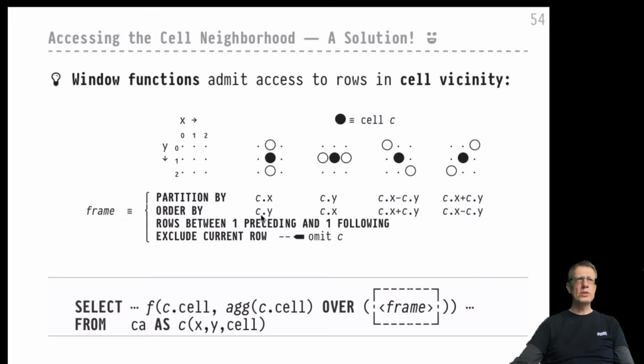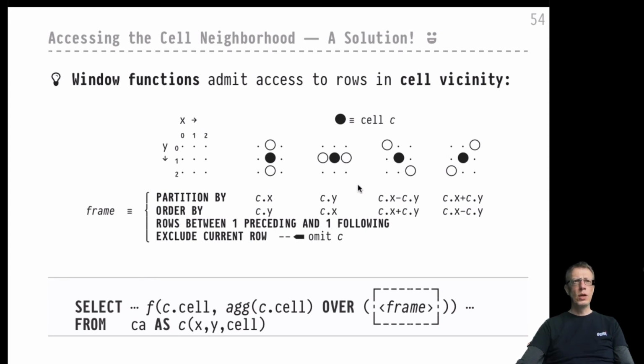We could, of course, define the horizontal neighborhood using the same trick by just using a frame that partitions everything by the y coordinate. That would be horizontal neighborhoods, ordering this stuff by x. Okay, looking at the immediate preceding and following neighbors, and that would define the horizontal neighborhood.